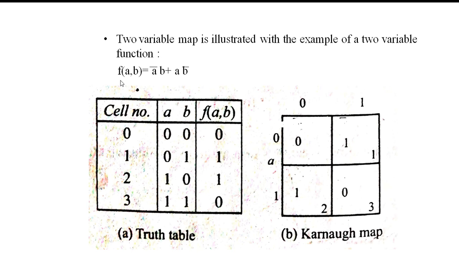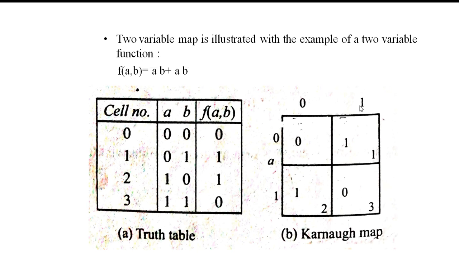Because here we have two input variables, right? So you need to consider one variable along the left side and one variable along the upper side of the Karnaugh map. So here A and B, right? A is MSB, B is LSB. Usually we take the MSB along the left portion of the Karnaugh map and the LSB along the top portion.